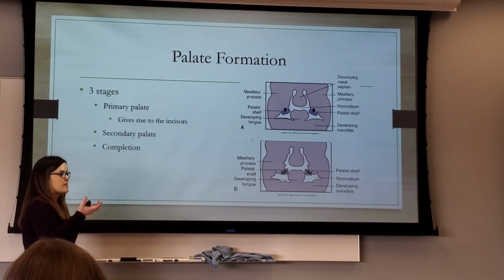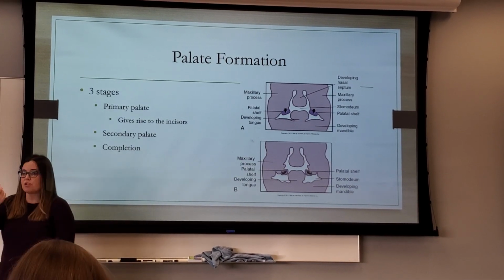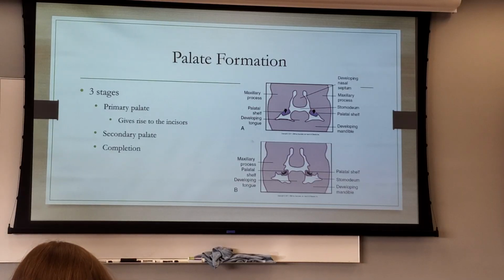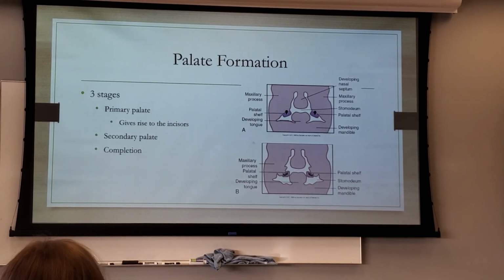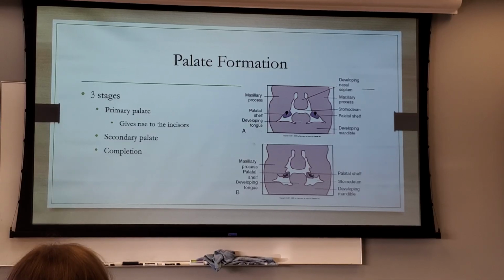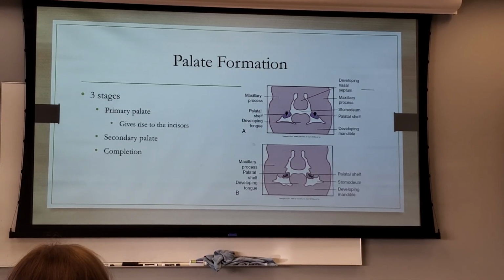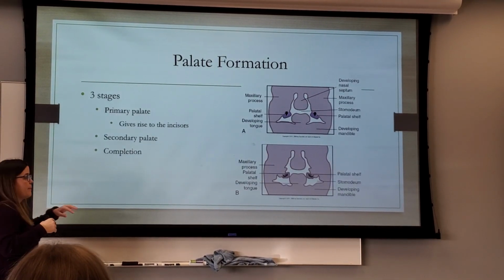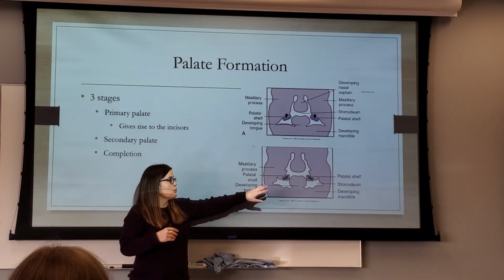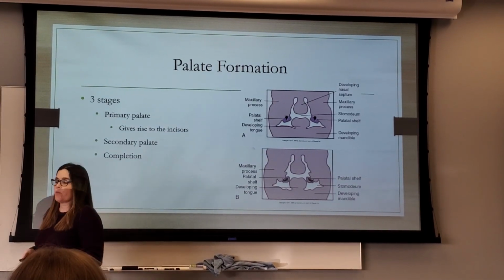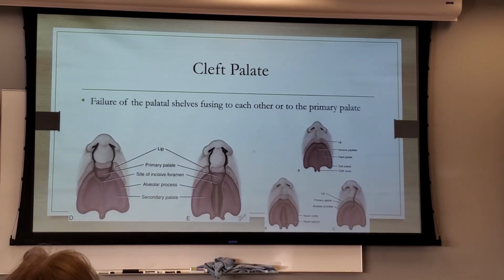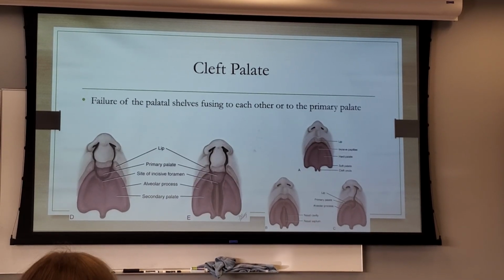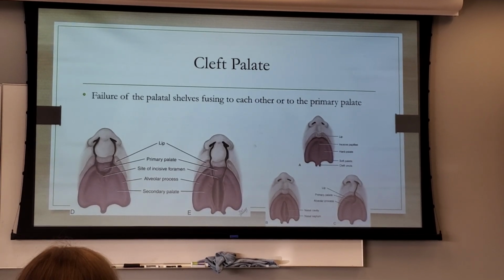Once the tongue hits a stage of its development and starts to release from the floor of the mouth, is when those palatal shelves actually flip, okay, and they flip up horizontally, and then they start moving into each other horizontally to connect. That only happens after the tongue releases from the floor of the mouth, is when we actually flip that palate.